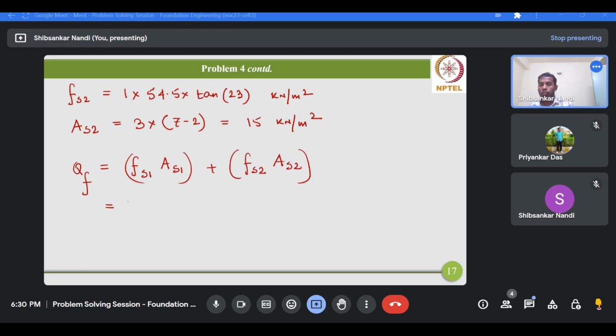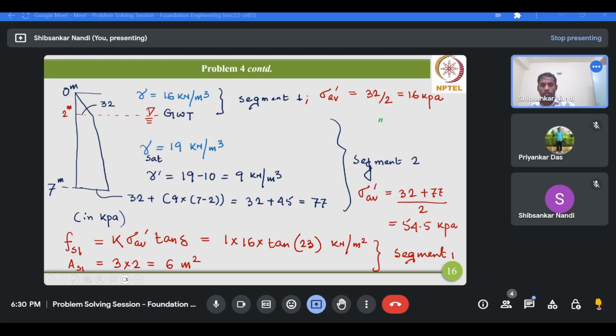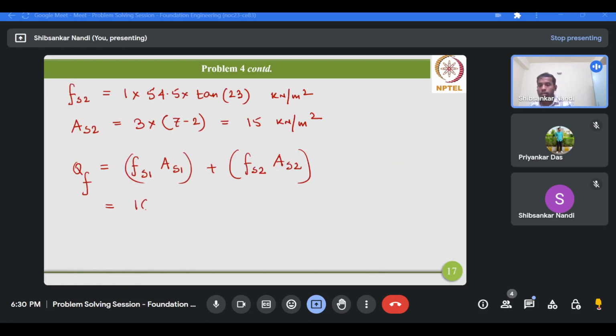So therefore it will be 16.23 multiplied by 6 plus 54.5 and 23 multiplied by 6. So please calculate and let me know the final answer.